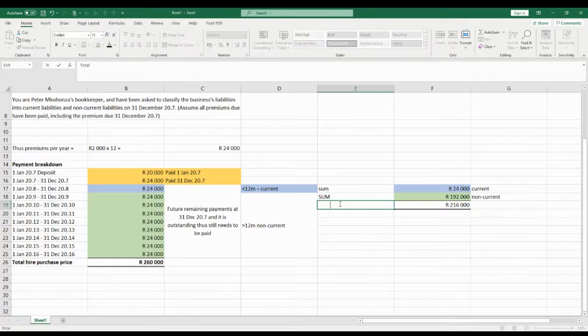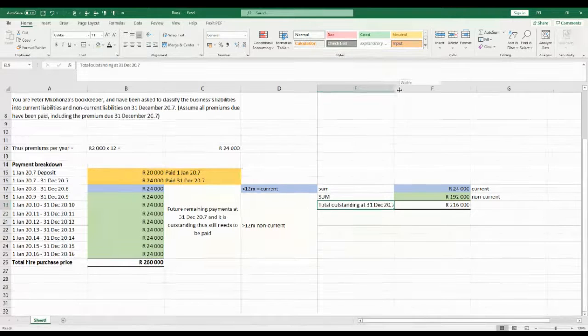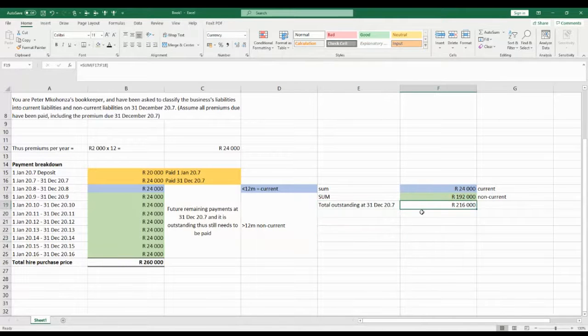So it's the total outstanding at 31 December 27. Let me just make that black so you can read it. So that's how they got to the 216,000, and the 192,000, which is non-current, and the 24,000 that is current.